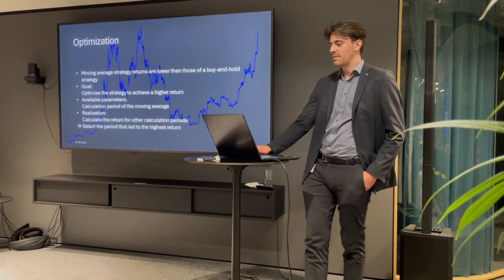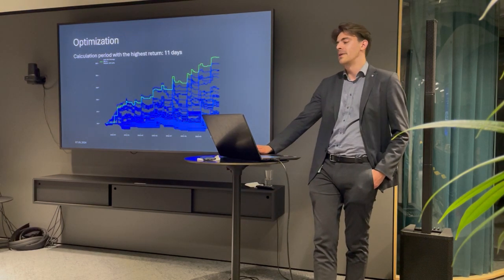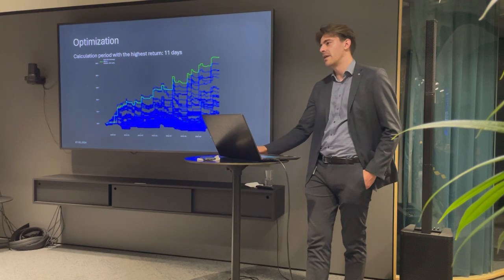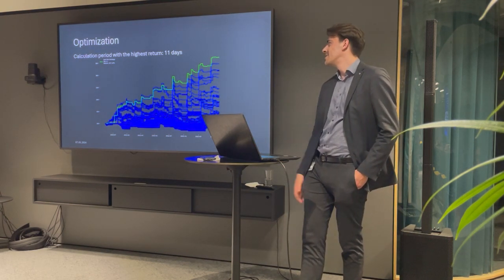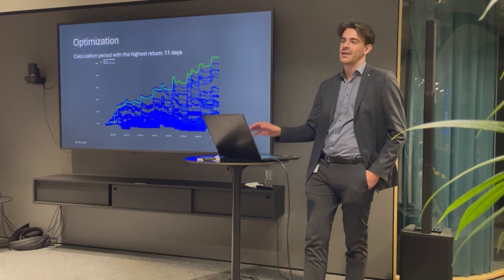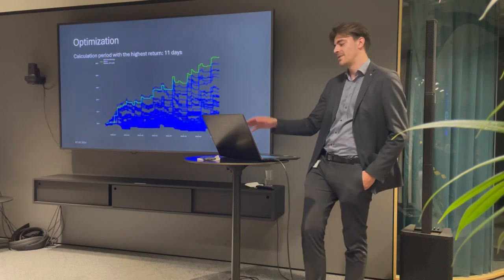To optimize the strategy, we just run our program again, but with all possible days we can think of. What I've shown here is the return of the different strategies, starting with a calculation period for the moving average of 2 days and moving on to 200 days.